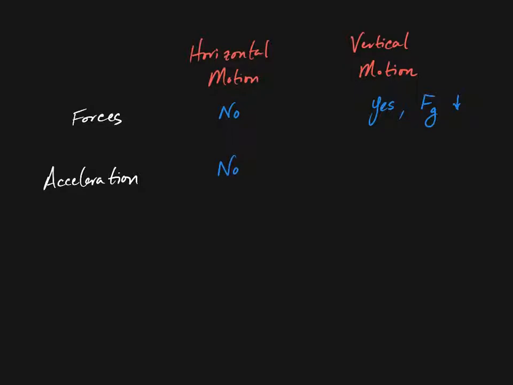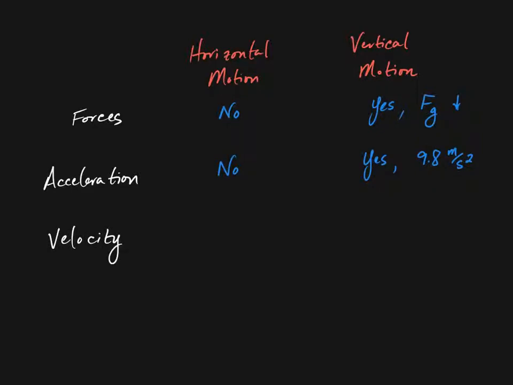Now in our vertical direction, we did have acceleration, because we know if the only thing acting on that object is the force of gravity, we know that we have acceleration in the vertical direction, and that acceleration is 9.8 meters per second squared.